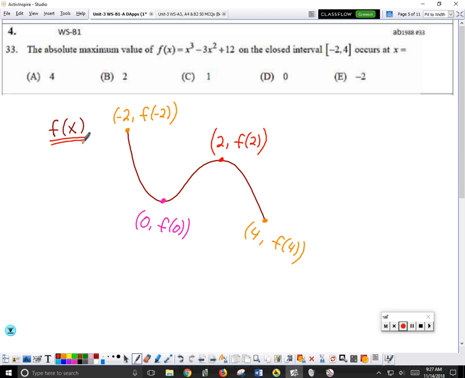Question? If they mean absolute max or absolute min, they don't always use the word absolute. Everybody hear that? They just say max. And they just say min. They'll do it both ways.